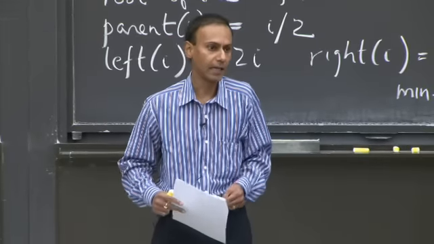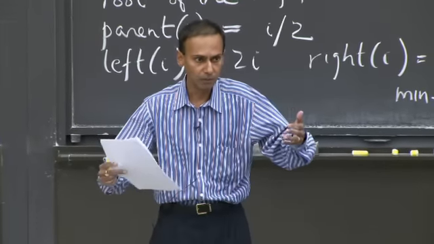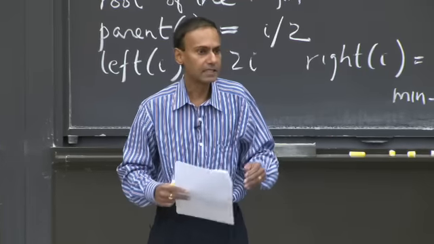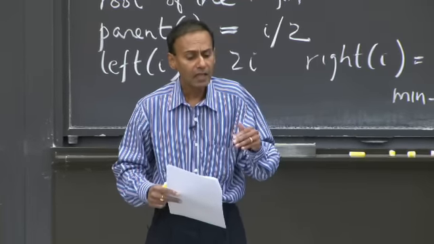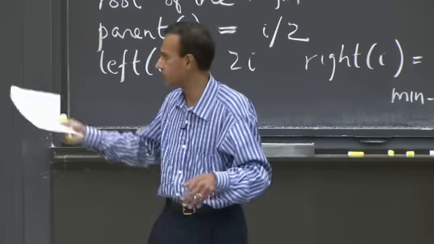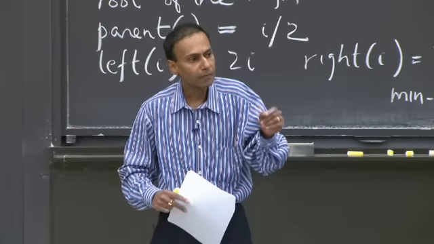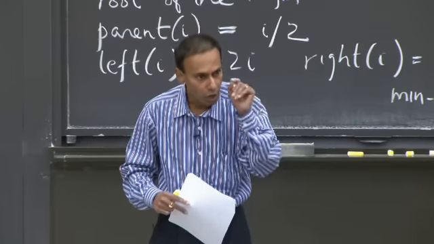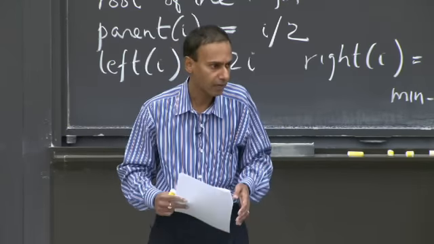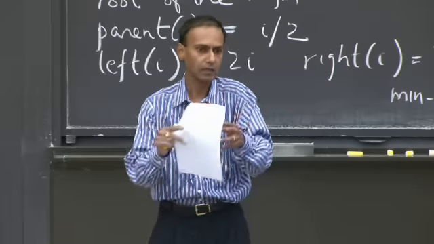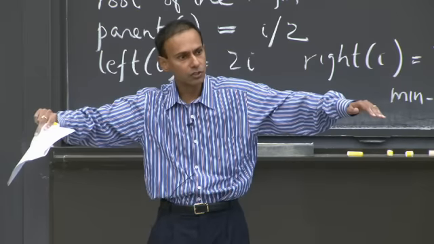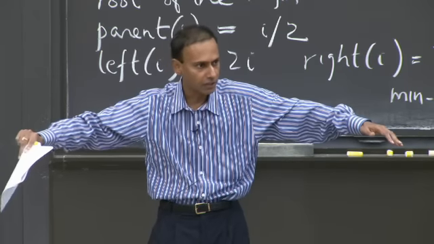And I'll tell you why it's order n in terms of a hand-wavy argument. The hand-wavy argument is that you're doing basically no work for the leaves, but you're not even counting that because you're starting with n over 2. But when you look at the n over 2 node, it's essentially one operation or two operations in whichever way you count to build Max-heap, right? And so for that first level of nodes above the leaves, it's exactly one operation.